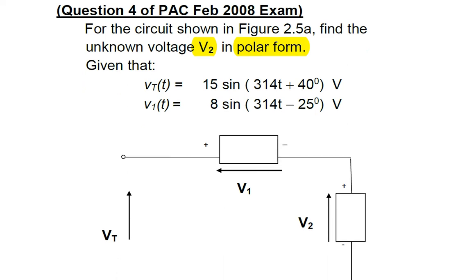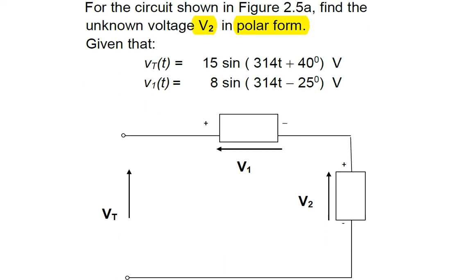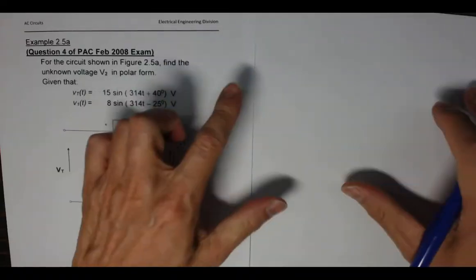So we are given two waveforms, Vt, the main voltage waveform, and V1, the voltage waveform across the first load, but we want to find V2, which is the voltage across the second load, and both loads are in series. So this is a good example of how LTEC theories are going to be applied in 4AC. Let's see how we do this question.